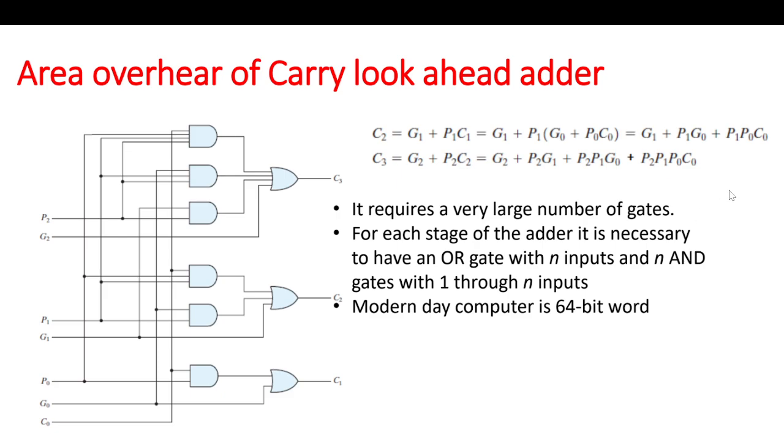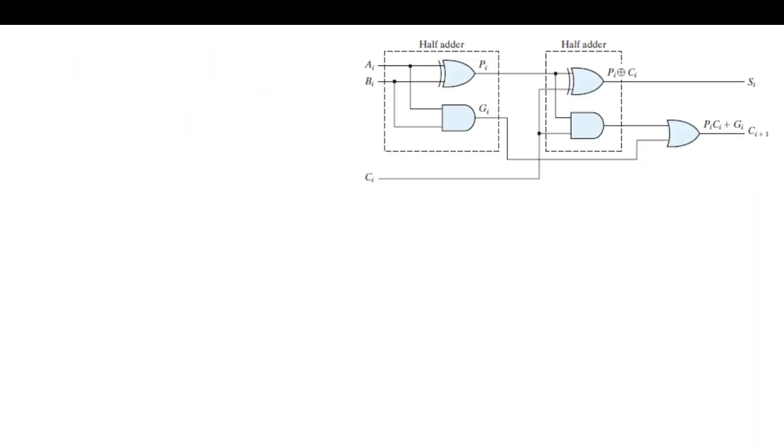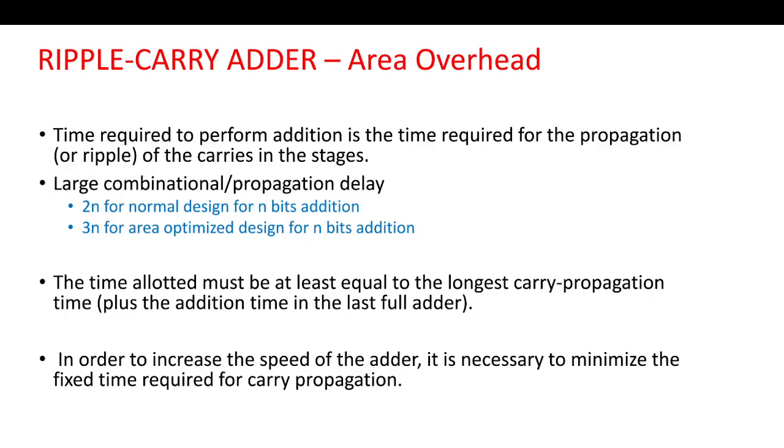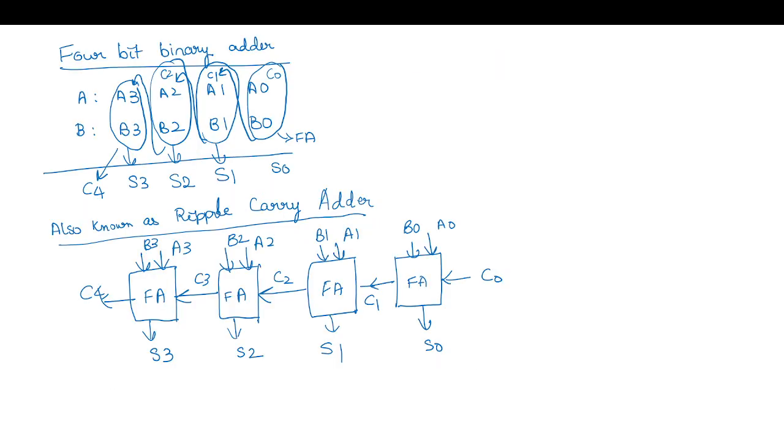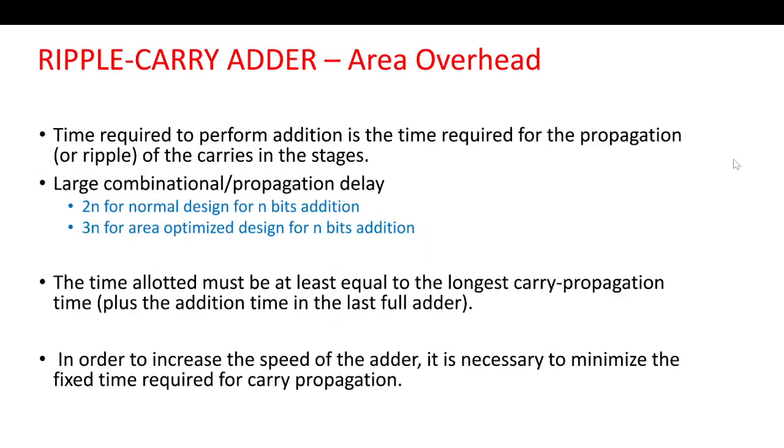Area overhead for the carry lookahead adder. So for the ripple carry adder, this is a ripple carry adder. The overhead we saw was 3 times the gate delay.